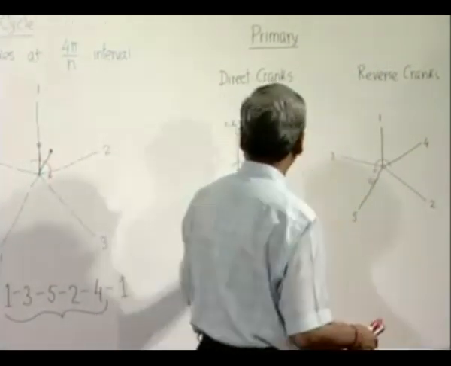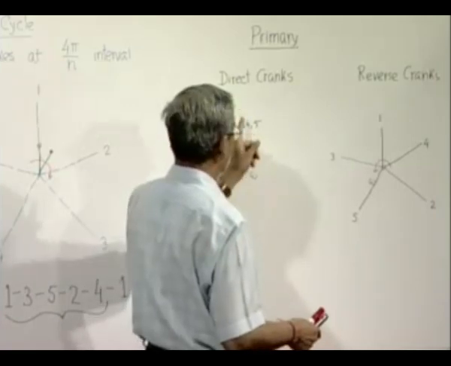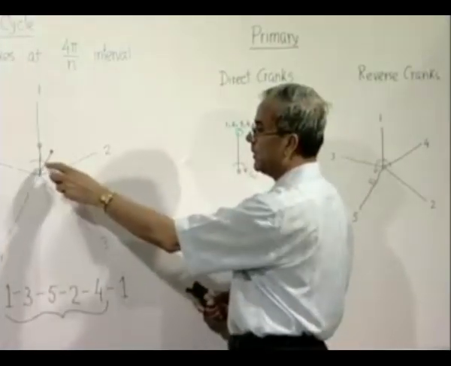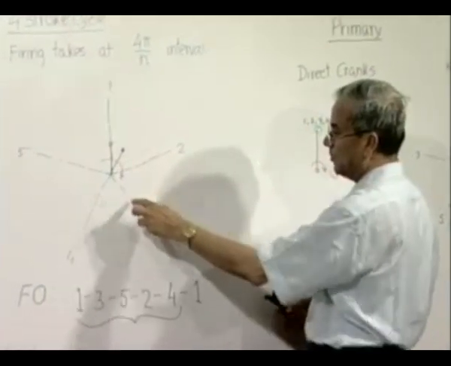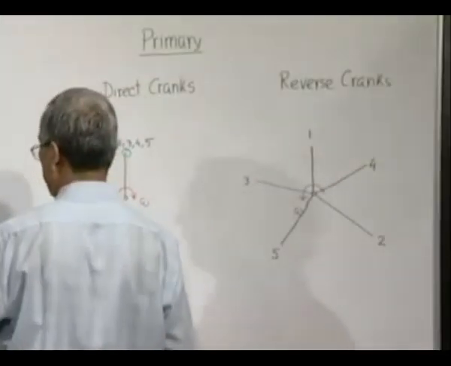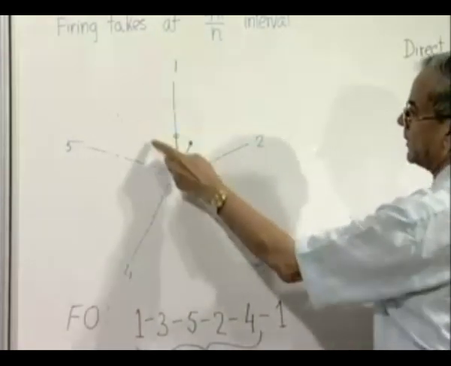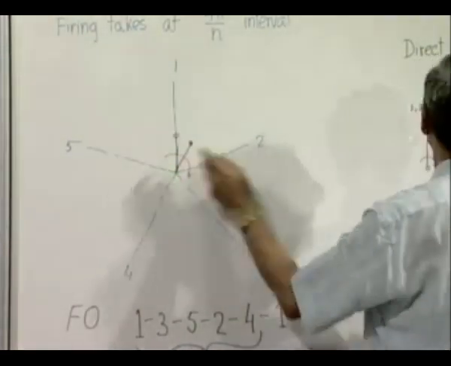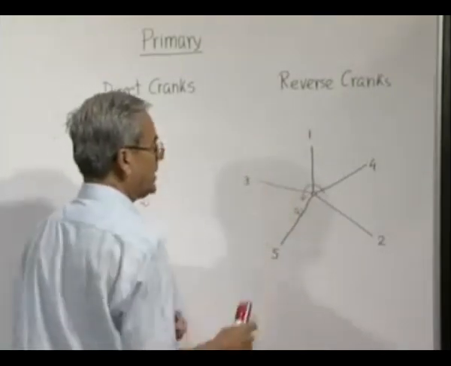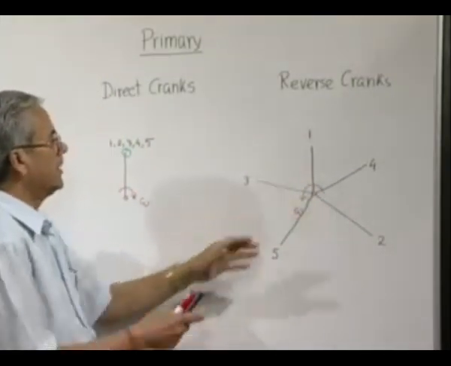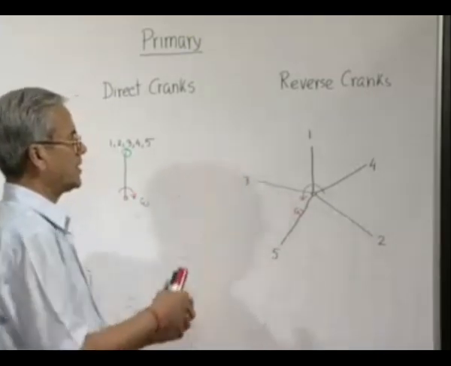So since the direct crank is like this for all the cylinders, for cylinder 2 the reverse crank will be the mirror image of this, so it will be along this. For 3, if you draw, you will find that its center line is bisecting this angle, so this will be reflected here and 3 will get here. Similarly 4 and 5.